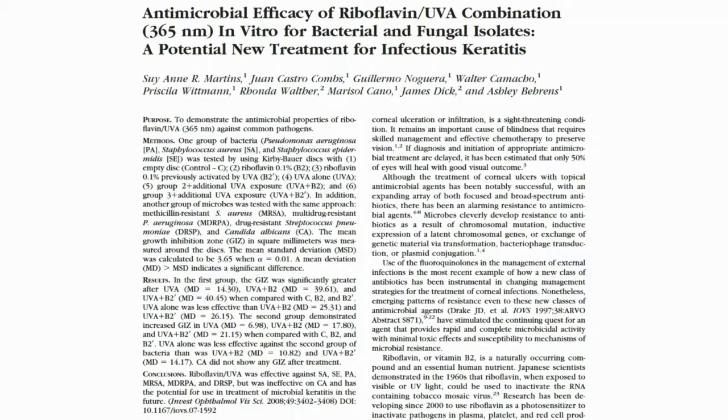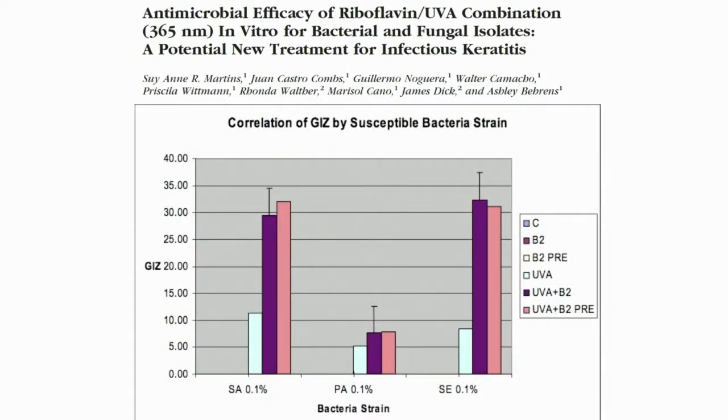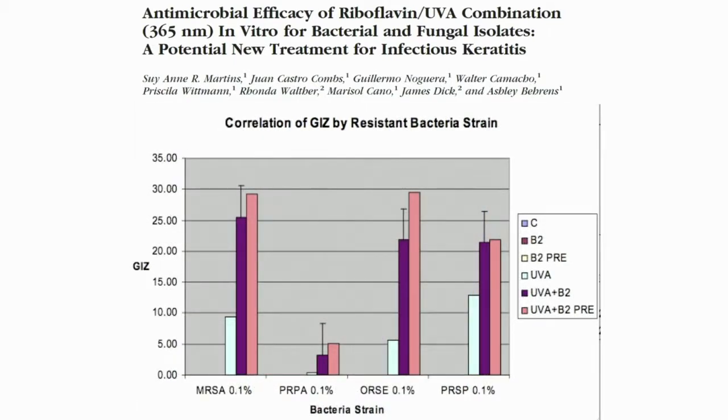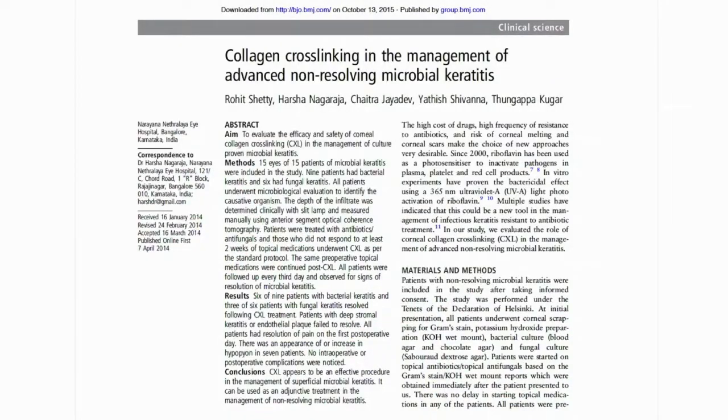There is evidence, first shown by the group from Wilmer, that some gram-positive and gram-negative bacteria are susceptible to cross-linking in vitro. In vivo, in an animal model of infection, there has also been a good response with this type of treatment.